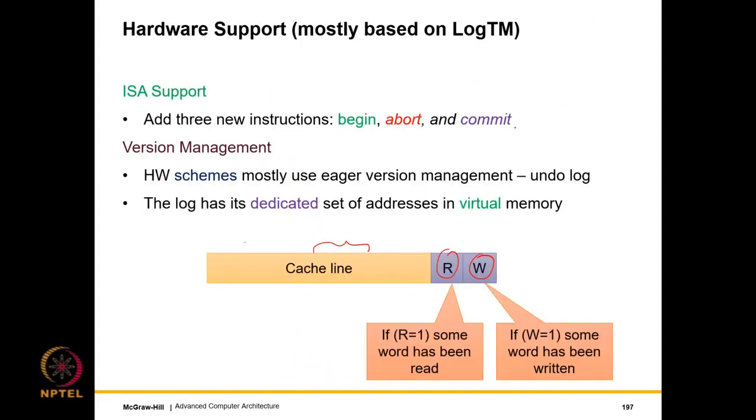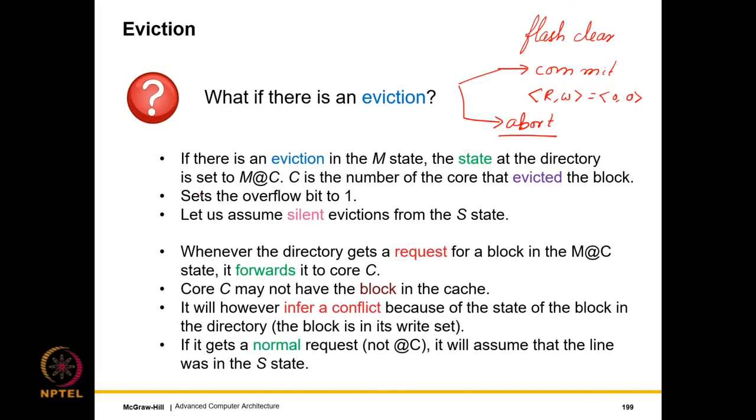So one small point is due over here. When I meant that the log has its dedicated set of addresses, if you are using a redo log, for sure, yes. But even when you are using an undo log, the undo log has to be stored somewhere, right? So where will we store it? The undo log will be stored in a separate region in virtual memory, which will be accessible to the process and to the hardware.